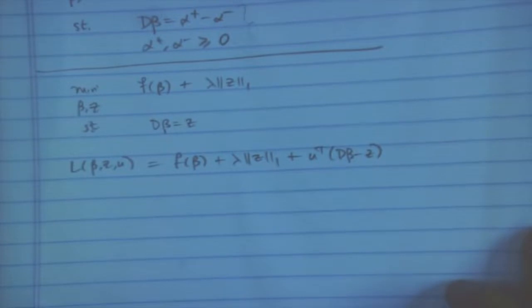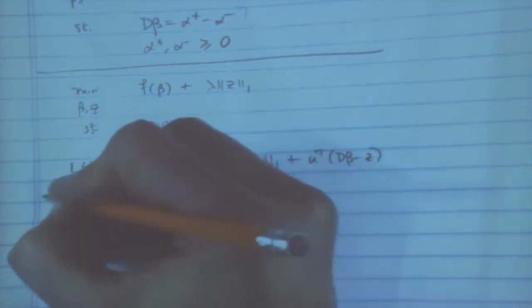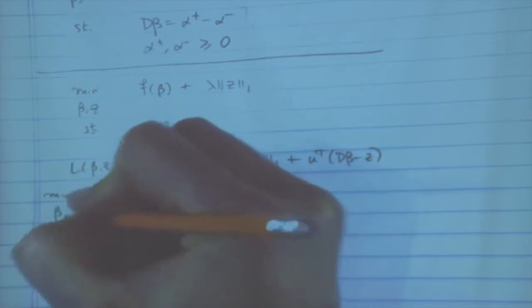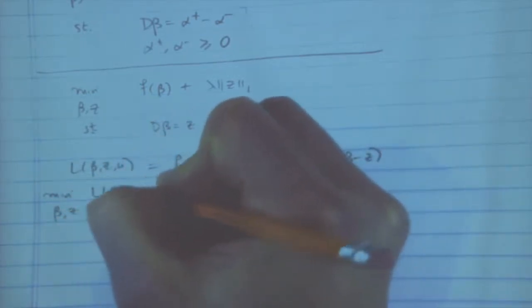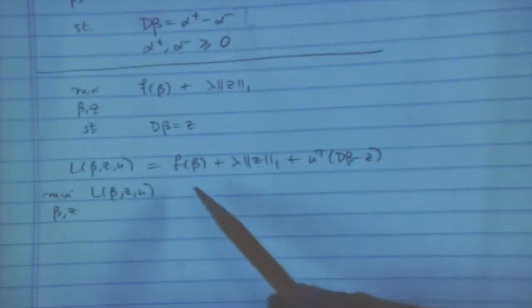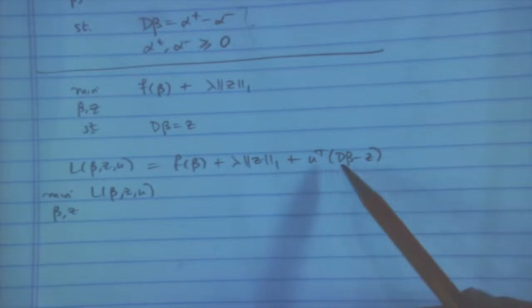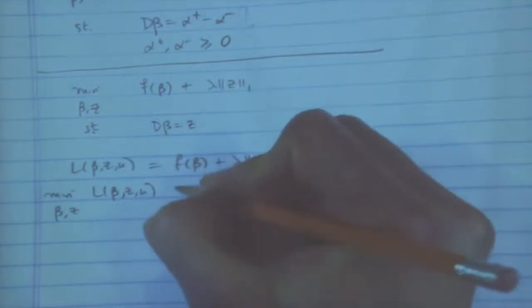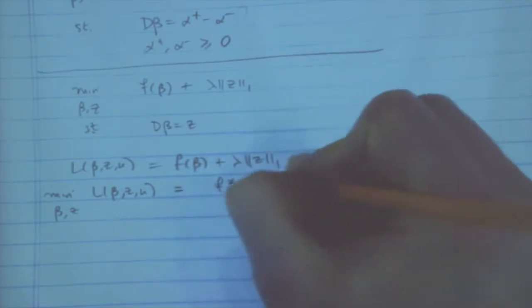Minimizing this over beta and z, I get the dual criterion function. You'll see that this term, with D transpose u transpose beta, is like the negative conjugate of f, just by definition of the conjugate of f, evaluated at minus D transpose u.